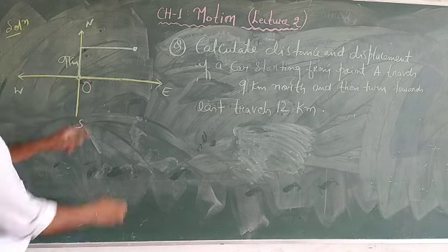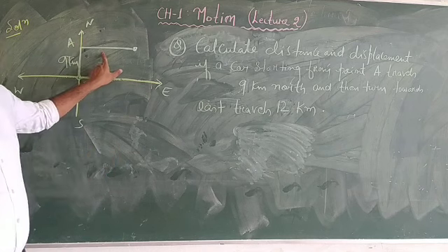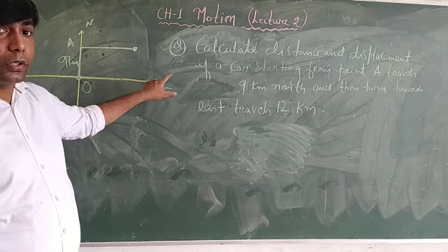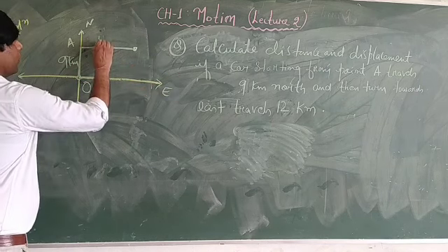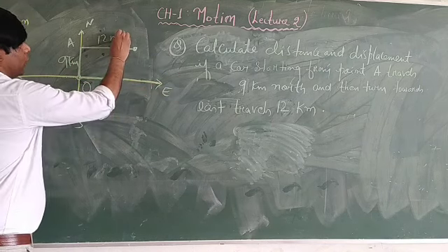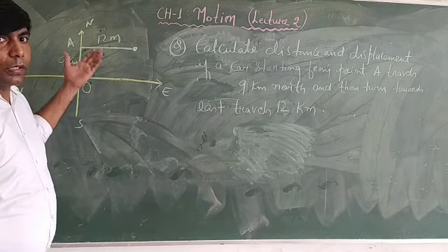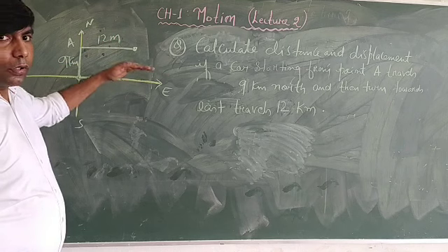Starting point is O. According to the question, it is traveling 9 km towards north. Then it changes direction and goes towards east, 12 km. Starting from point O, north 9 km, then east 12 km.